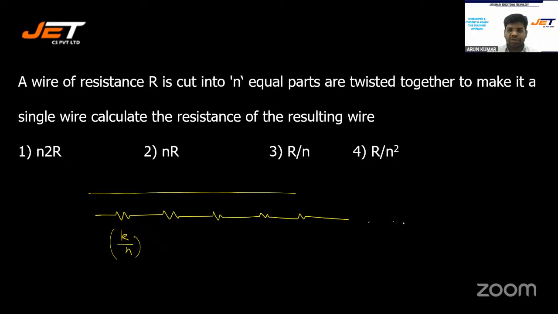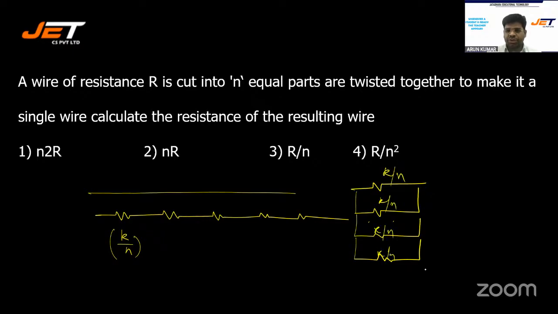Calculate the resistance of the resulting wire. Now if we connect each of these resistors in parallel, we have R by n, R by n, R by n, and so on till n. So what is the formula for equal resistors in parallel?